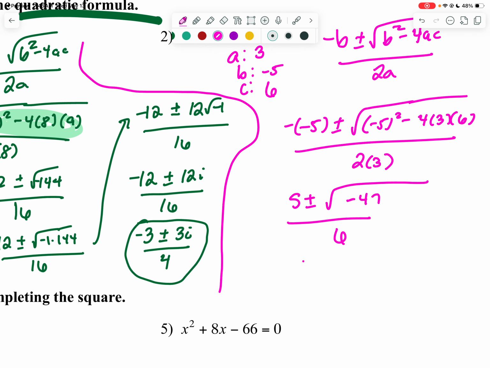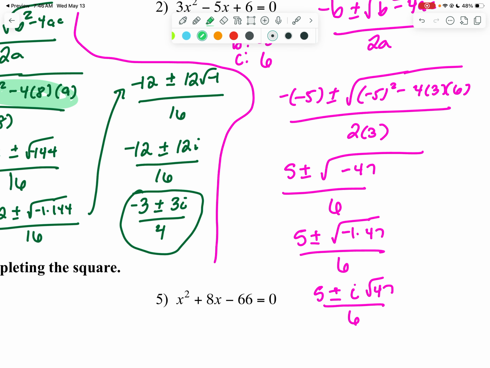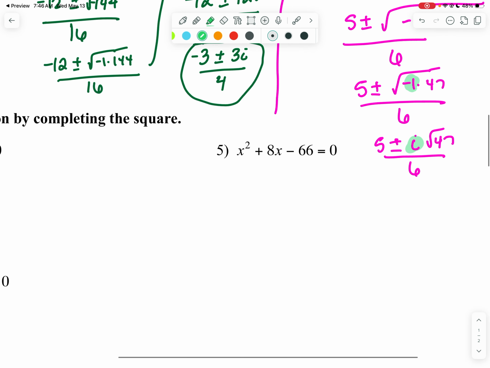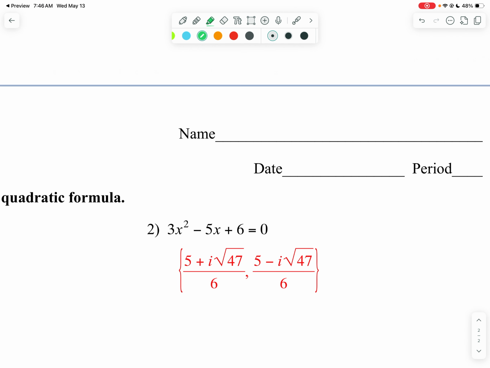And remember that the negative 47 could be split up into negative 1 times 47 over 6. And then we could say 5 plus or minus i root 47 over 6, because the square root of negative 1 here becomes i. And I think that can't be simplified, so you could just leave it like that.